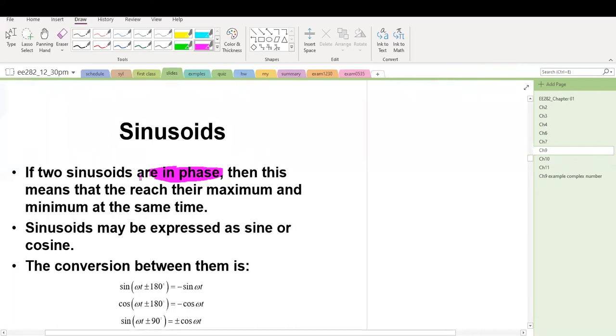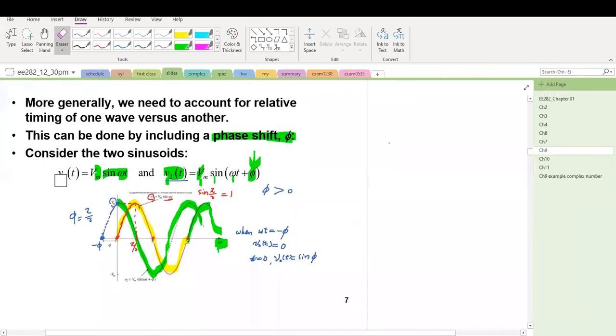Now let's introduce the concept of in phase. When two sinusoids are in phase, they reach the maximum and minimum at the same time. These two waveforms v1 and v2, with φ not equal to 0, are not in phase because they reach the maximum at different times and the minimum at different times.